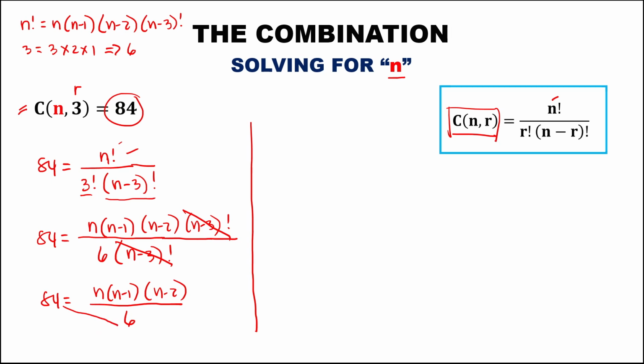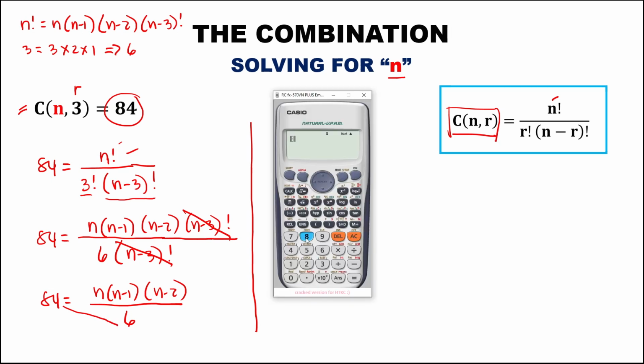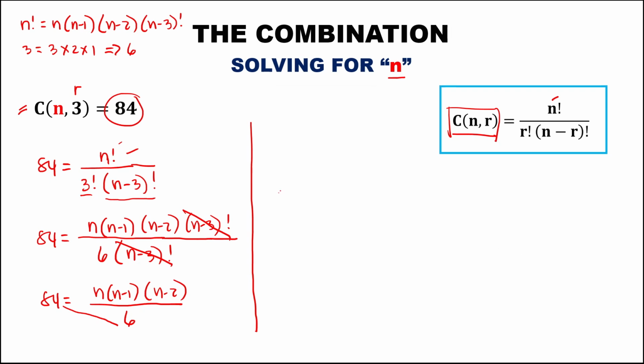So 84 times 6 is 504. So 504 equals n times n minus 1 times n minus 2.